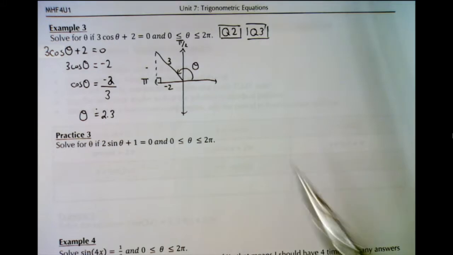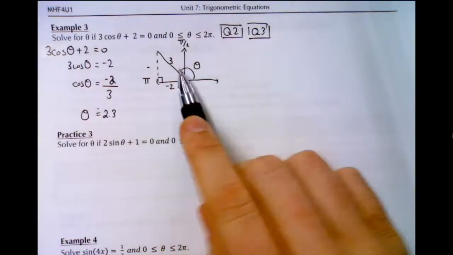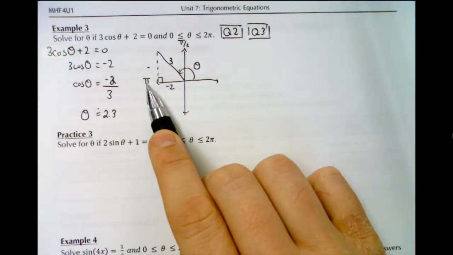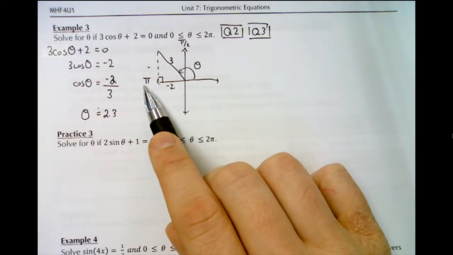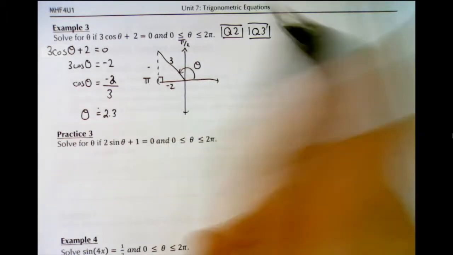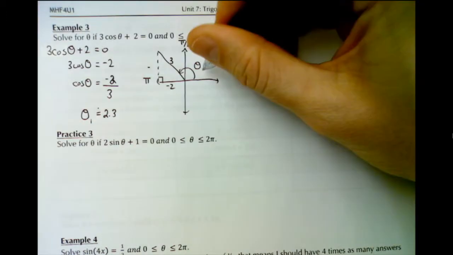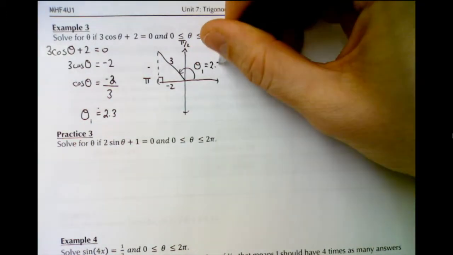So let's ask ourselves, pi would be 3.14, and pi over 2 would be like 1.5 something. Is 2.3 between 1.5 and 3.14? Yeah, it is. So we have found a theta here. Theta 1 is 2.3.